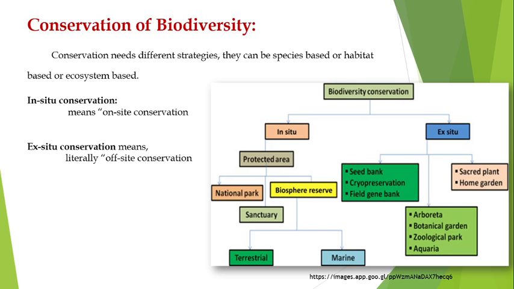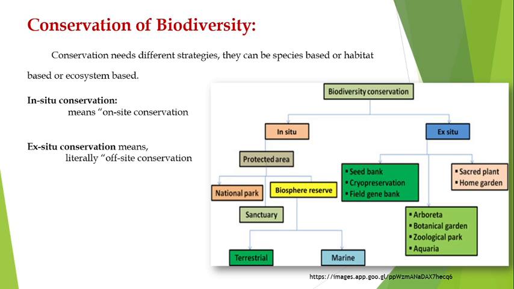Then, in case of conservation of biodiversity, we have to look towards the types of conservation. Conservation basically needs different strategies. They can be species based, or habitat based, or ecosystem based.